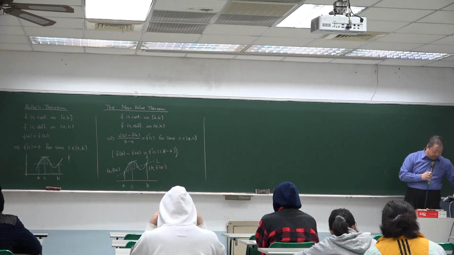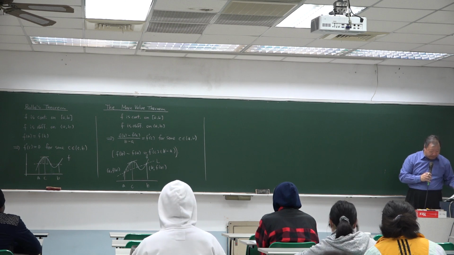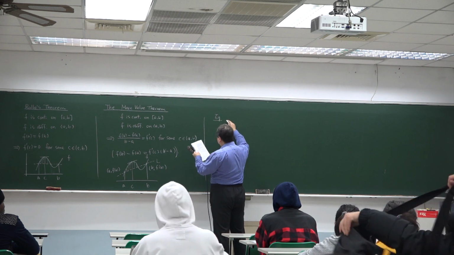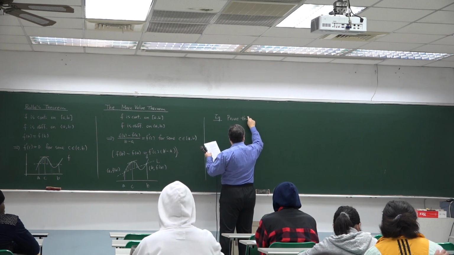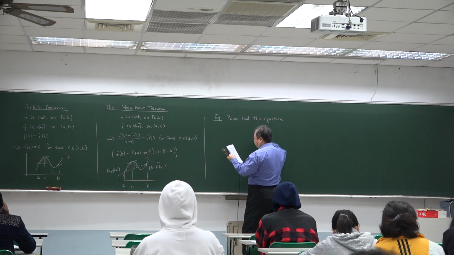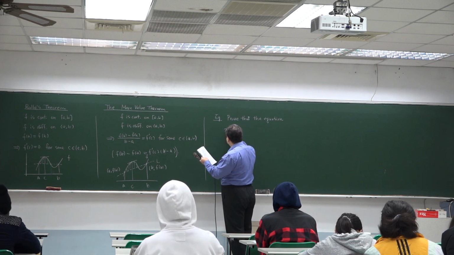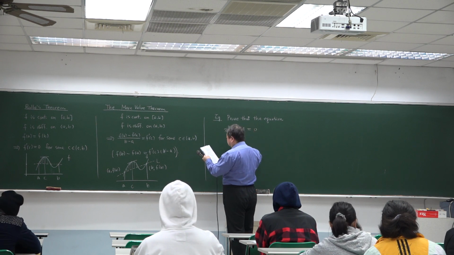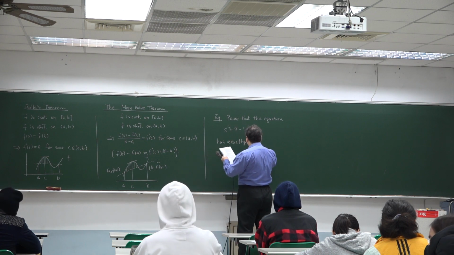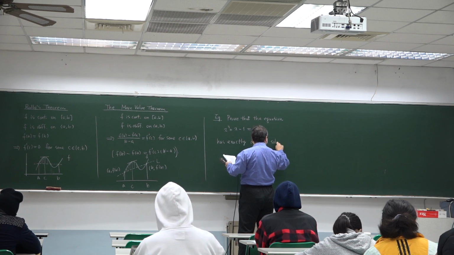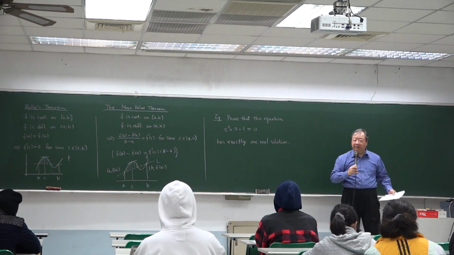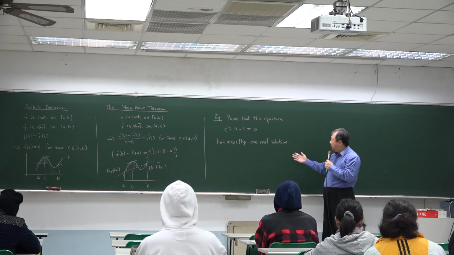Let's see some examples. Example 2. Prove that the equation x cubed plus x minus 1 equals 0 has exactly one real solution.